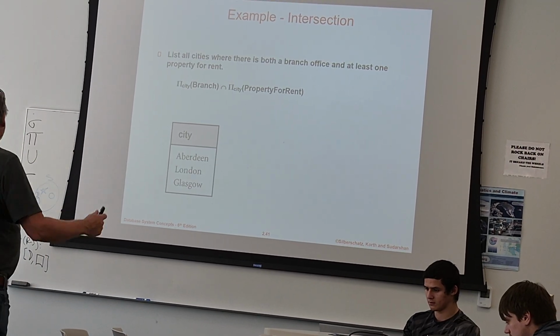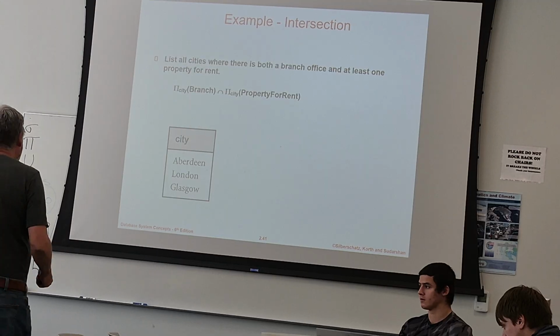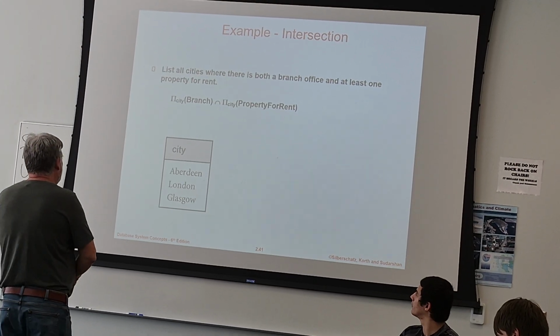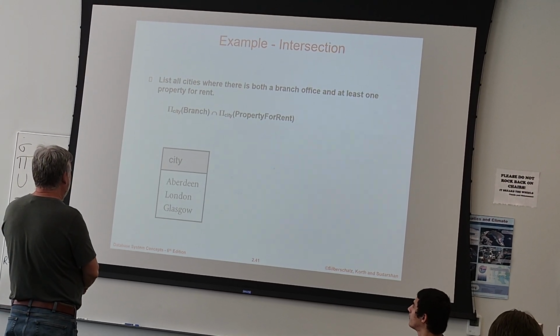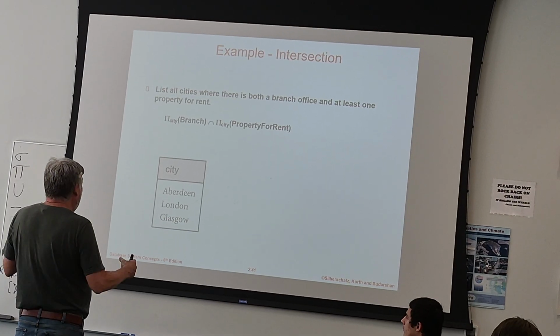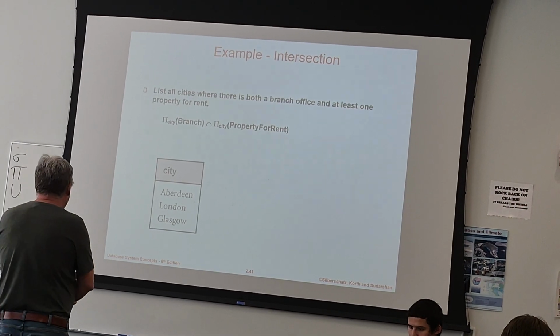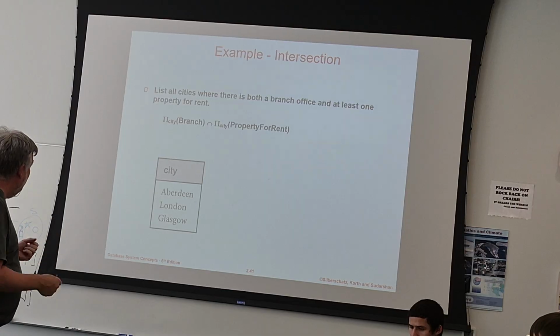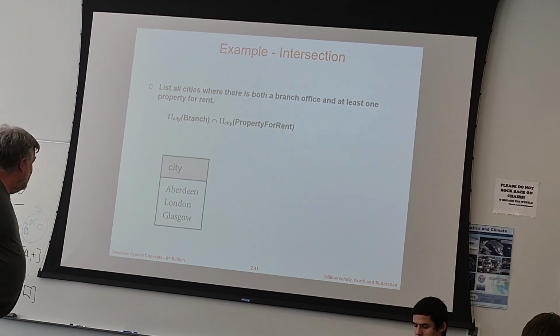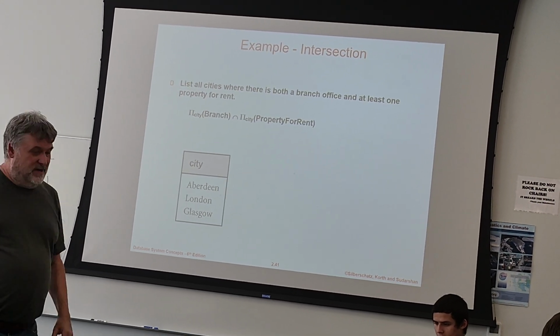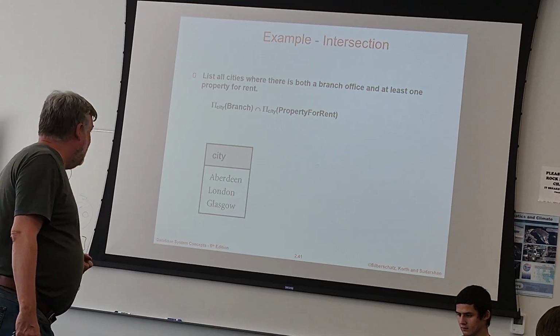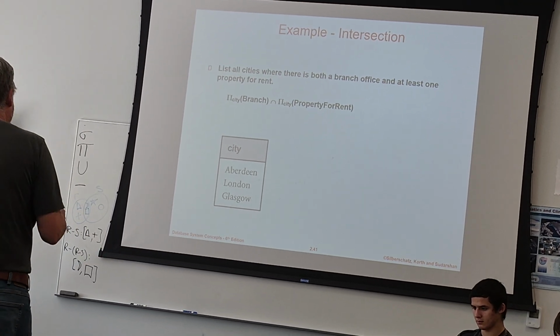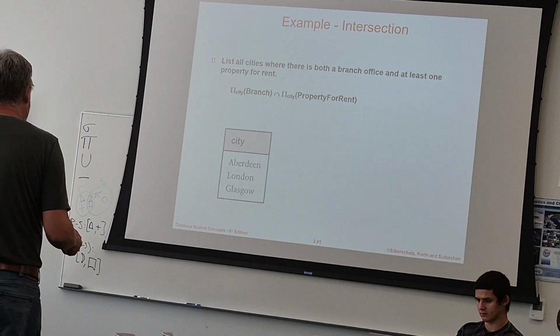And so we're going to assume that it's correctly implemented on this British real estate computer, and we are listing all of those cities where there's both a branch office and at least one property for rent. And so since we knew that there were 4 cities at first that were combining the cities with branches and properties for rent, and we saw that there was, what was that last query?